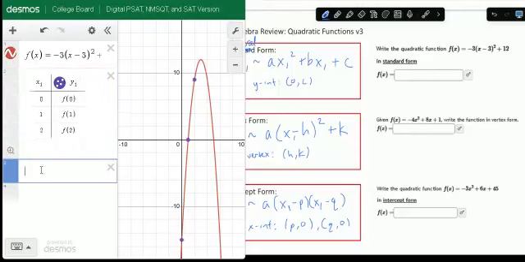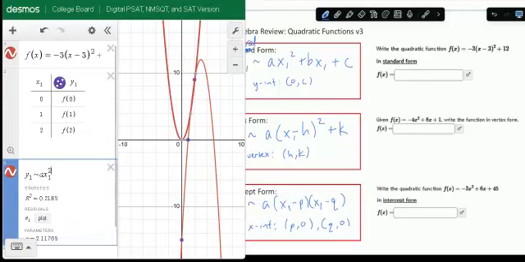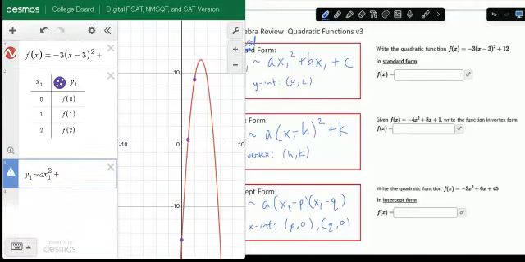Once you get 3 points set up in your table, and these are all 3 points that fall on the given equation or on the given graph, you can now call out any of these other forms that you want. So we want to put it in standard form, so we're going to call out y1 is similar to a times x1 squared plus bx1 plus c.